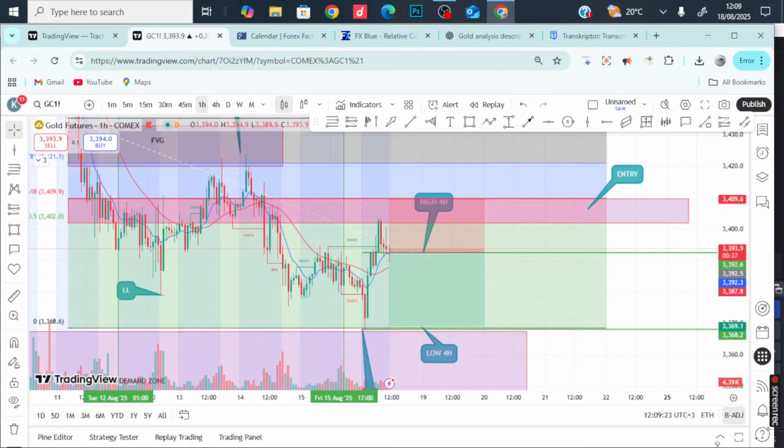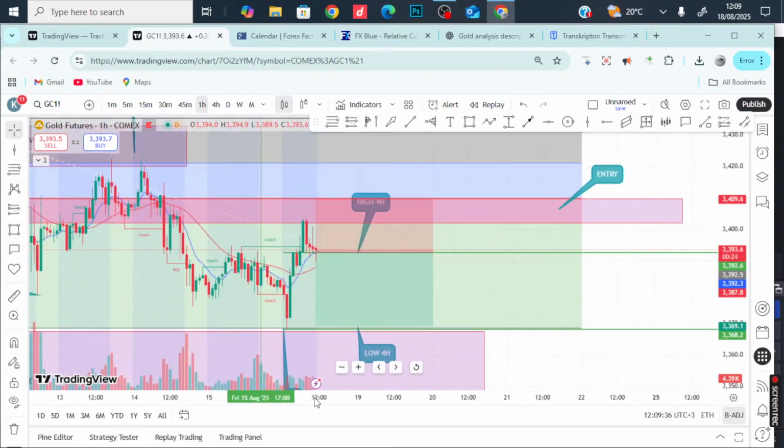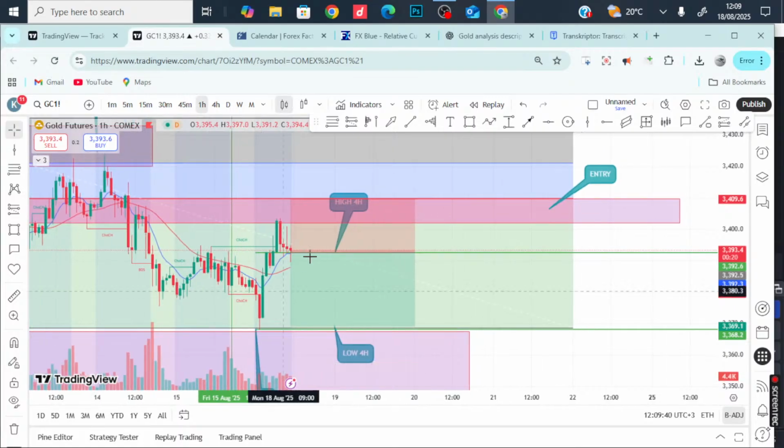It mitigated the demand zone from this point just a little bit, and it was pushed back upwards.